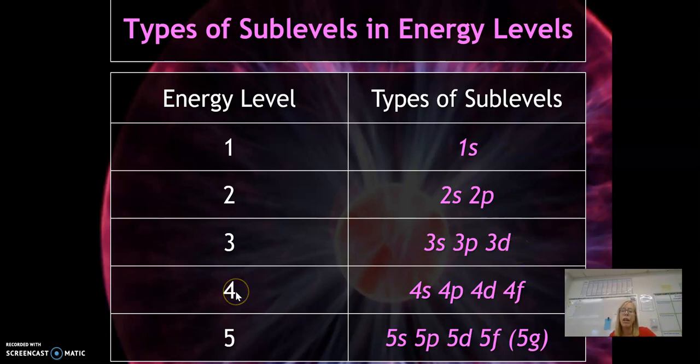The fourth energy level has 4 sublevels: 4s, 4p, 4d, and 4f. The fifth technically has 5, but the periodic table only goes far enough to need 4 of them. So 5s, 5p, 5d, 5f, and if we had more elements on the periodic table, we could even possibly get to a 5g.